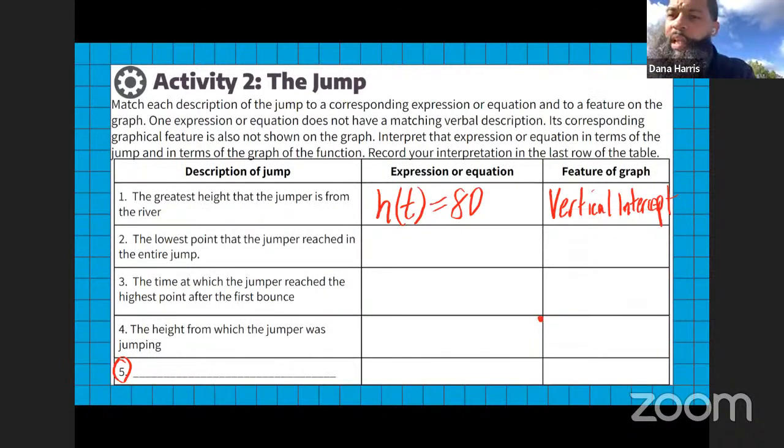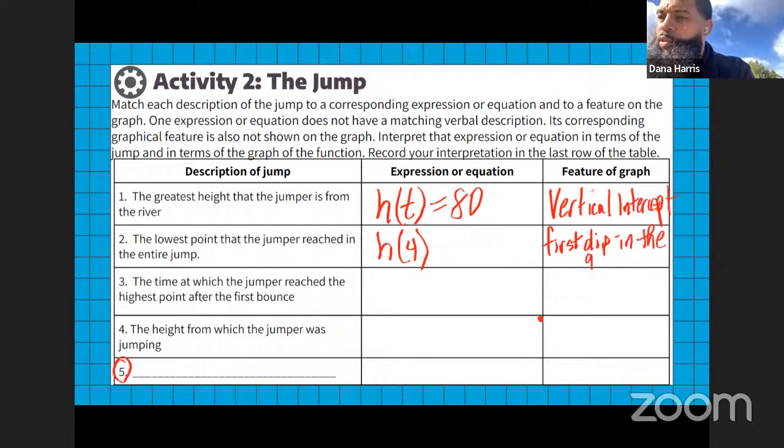So this is going to be h of 4, okay? Notice the expression doesn't tell you how high it is at that point, but we know that is the height after 4 seconds, okay? So this is the first dip in the graph, okay?